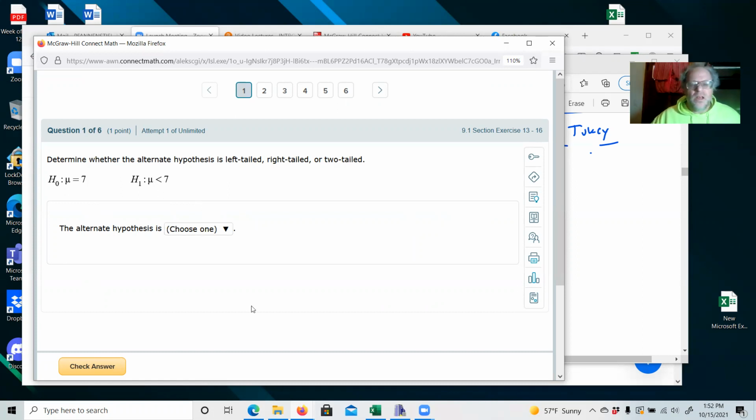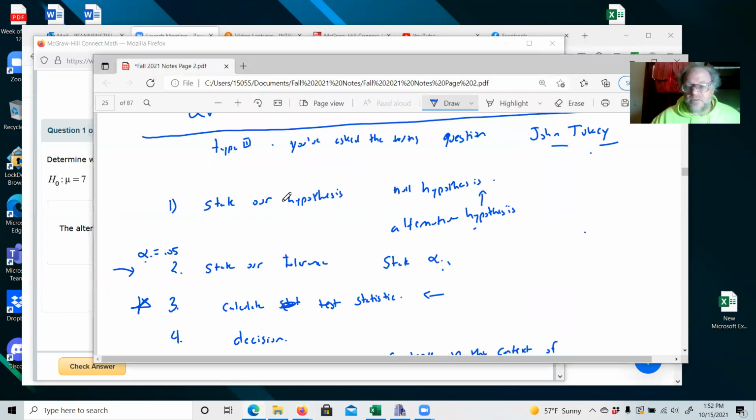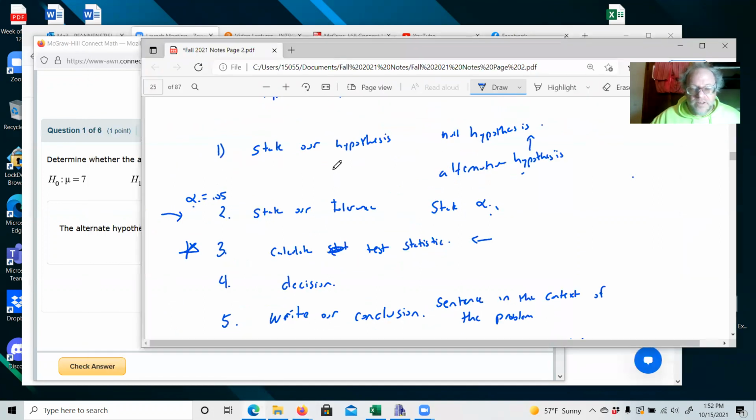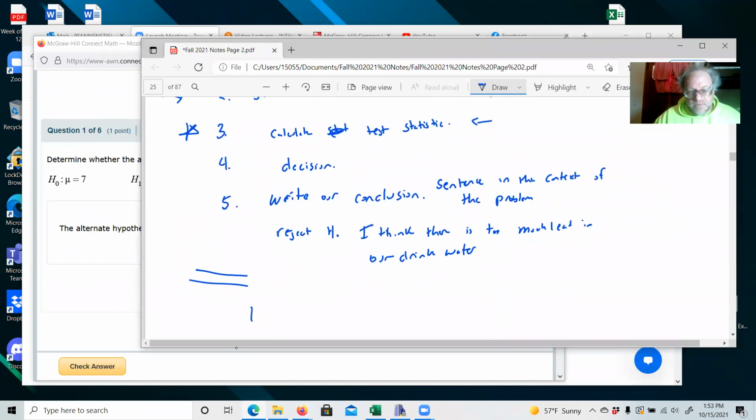All right. So one of the things we're going to do here, this is how we write a hypothesis. We state our hypothesis. We're going to say that H0, the null hypothesis, always gets the equal sign. So we're going to say the mean is 7.